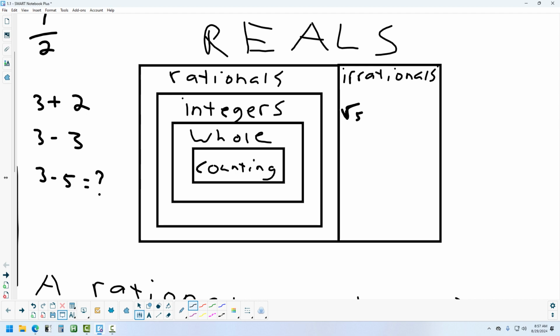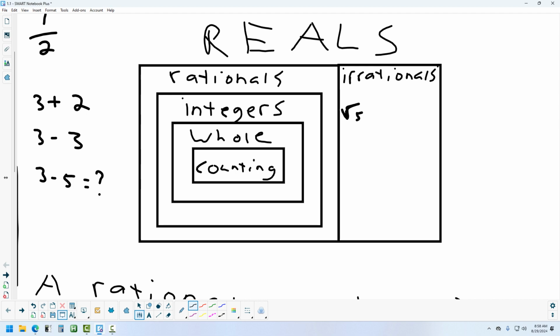Okay, and the way this diagram works is if you're on the inside box, you're automatically part of the outer box. And the way you can think of it is like places. Okay? Think of counting numbers as Boston, whole numbers as Massachusetts, integers as New England, and rational numbers as the United States. Okay? Each number set gets bigger as you move up.